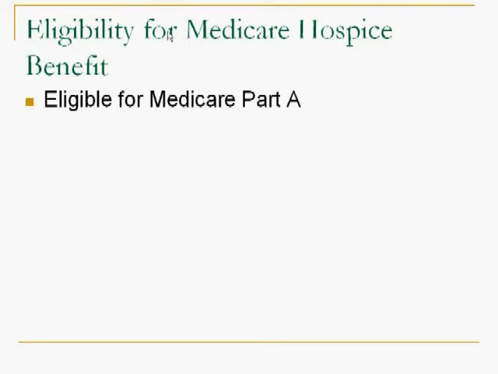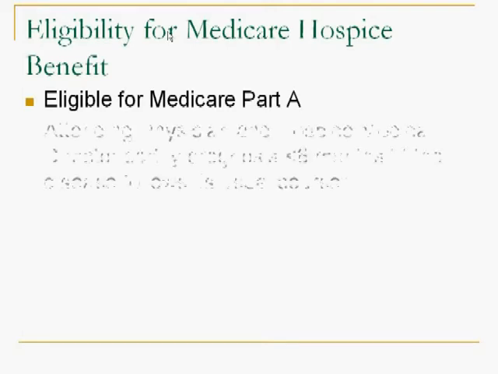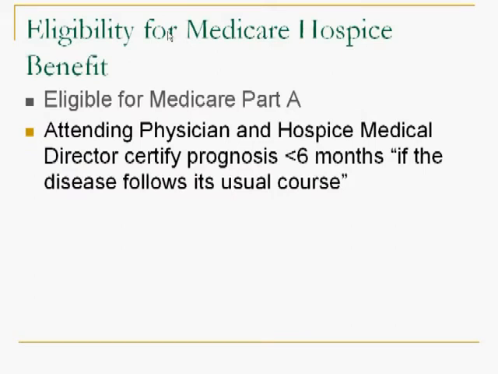A lot of questions come up from patients and families about finances and money, and most of our patients are Medicare beneficiaries, so we need to be reasonably facile with the Medicare hospice benefit. To be eligible for the Medicare hospice benefit, the patient has to be a Medicare beneficiary.